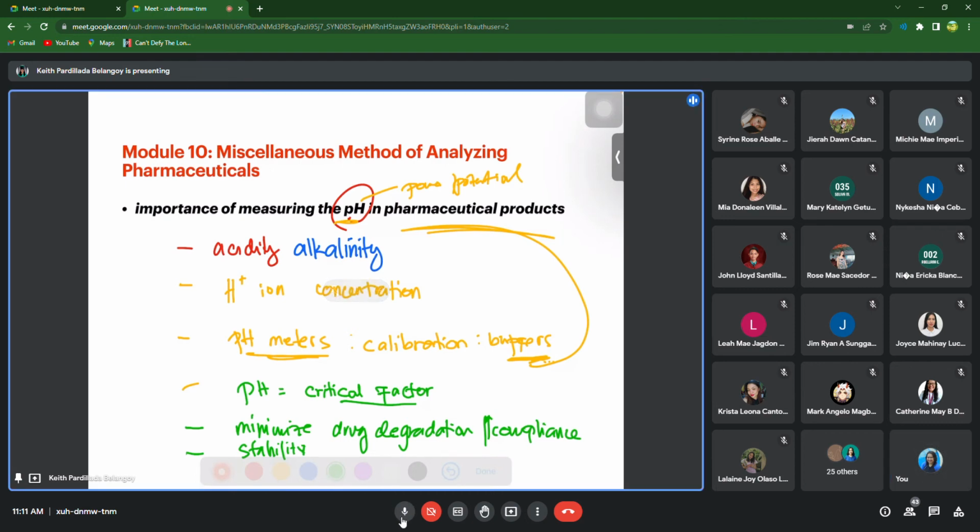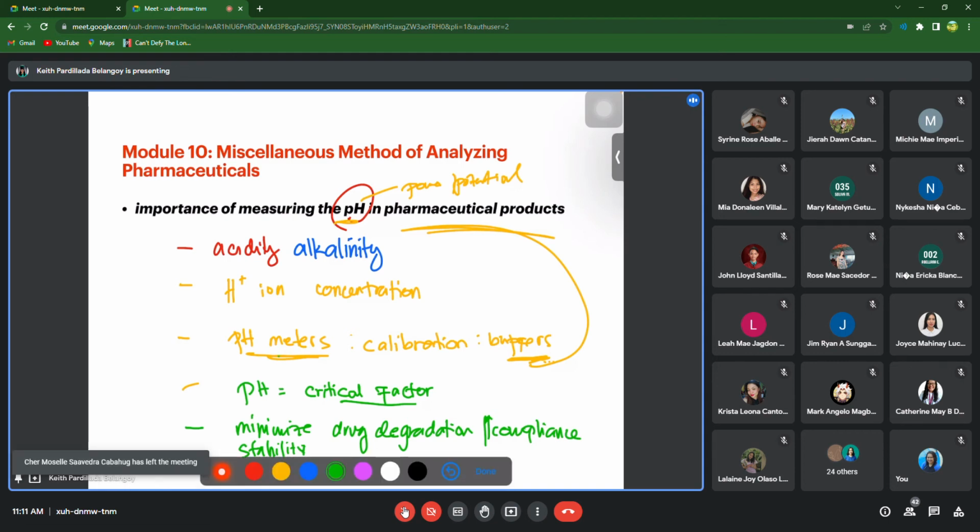Okay, thank you. Very good. As you mentioned earlier, when we test our products for pH, we use pH meters. You have some illustrations in your module 10, and these pH meters will also be in your laboratory, the last 8, 9, or 10.